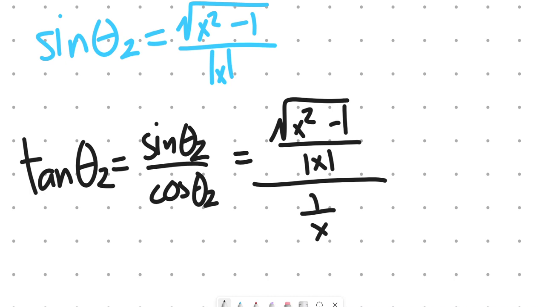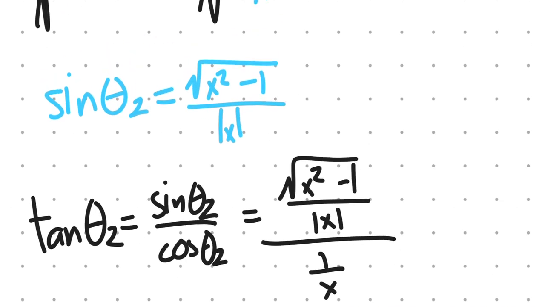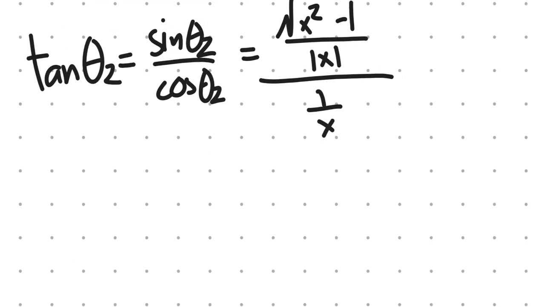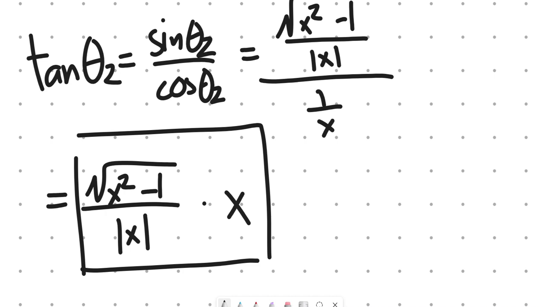Now this will theoretically mean that we have to multiply with the reciprocal, so we get the square root of x squared minus 1 over the absolute value of x, and then times x.